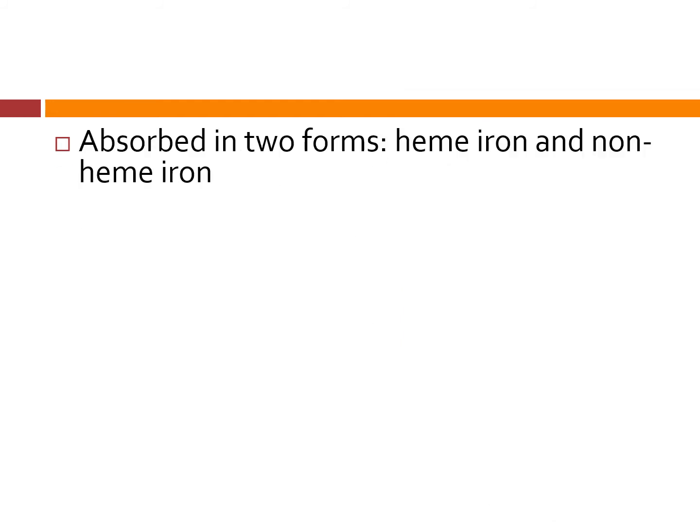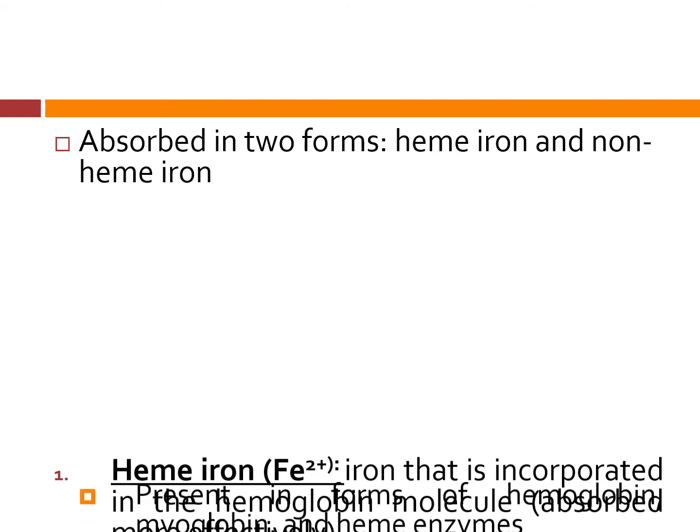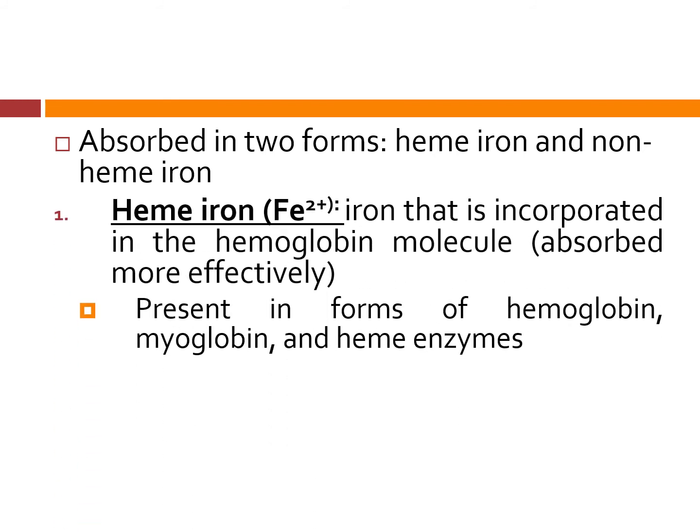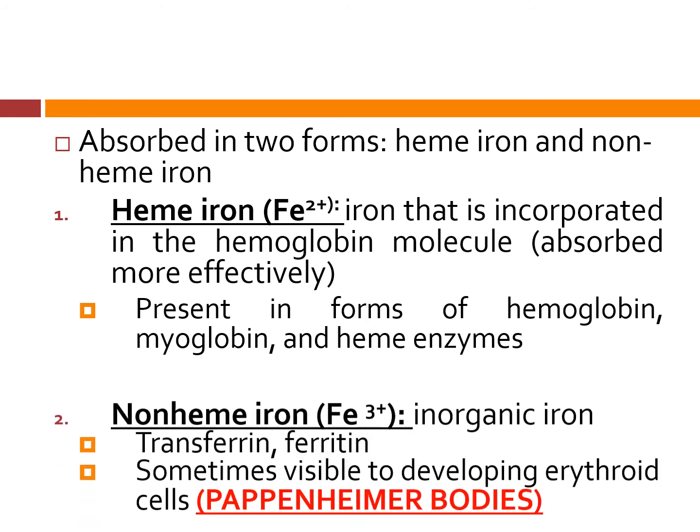Your iron can be absorbed in two forms, either heme iron or non-heme iron. The heme iron is the one with ferrous form. Okay, the iron that is incorporated in our hemoglobin molecule, and they can be absorbed more effectively. They are present in forms of our hemoglobin, our myoglobin, and heme enzymes.